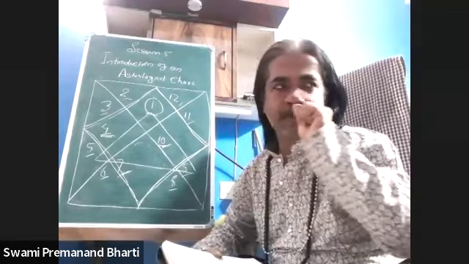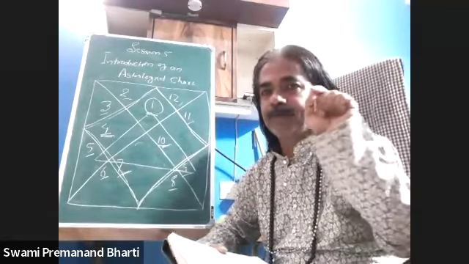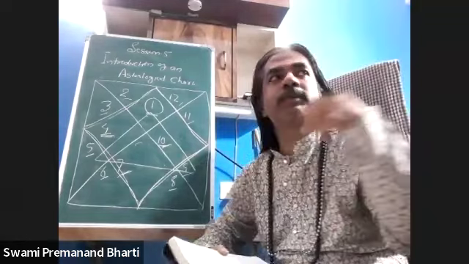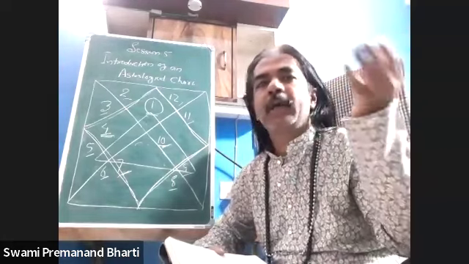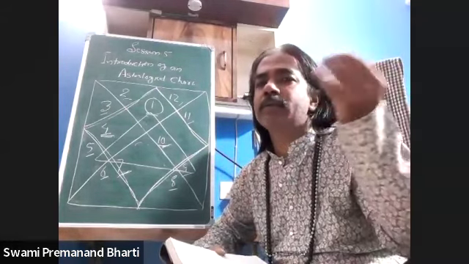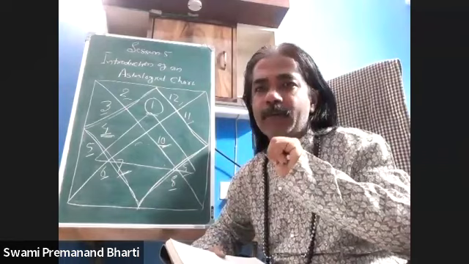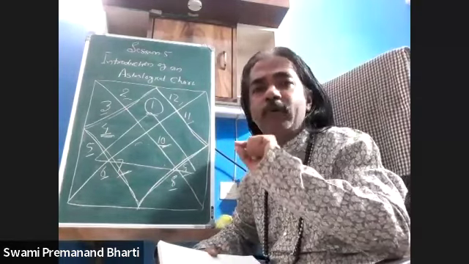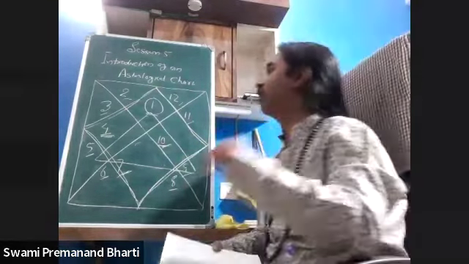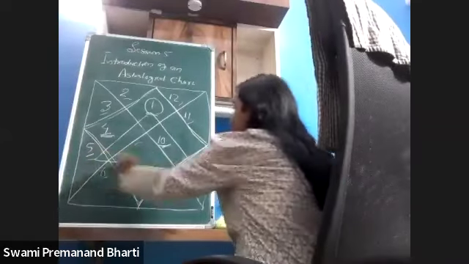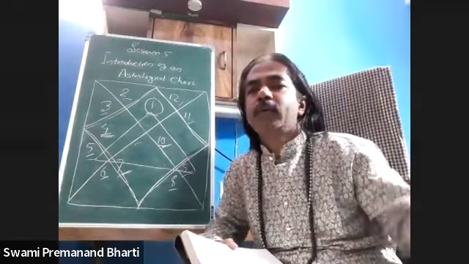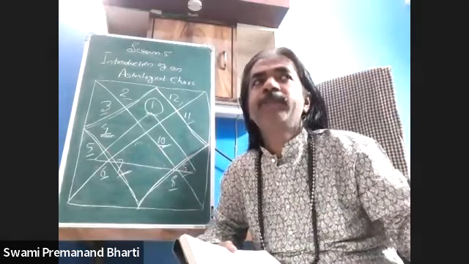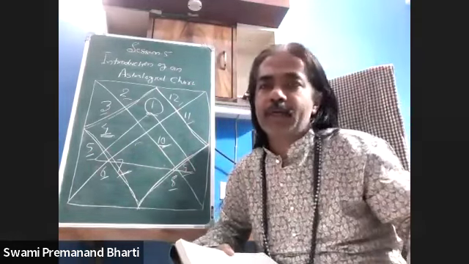Now, what does it mean to be a facilitator or supporter? Suppose there is a child who has no support coming from parents, and a person who has no support coming from a relationship partner. Then is he doomed for life? No, he is not doomed for life. Then he can focus on the fifth house and ninth house. The fifth house is the house of your education and creativity. The ninth house is the house of your higher education.